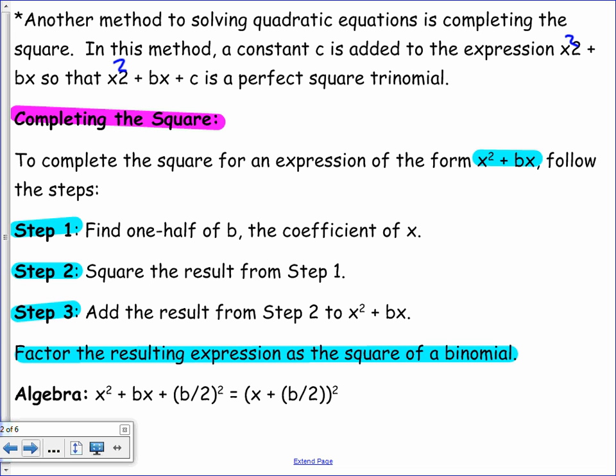So if b was 4, half of 4 is 2, and 2 squared is 4, and then we'll add 4 to x squared plus bx plus 4, and then we'll write that as the square of a binomial, which will be x plus b divided by 2, squared. That will be our solution.